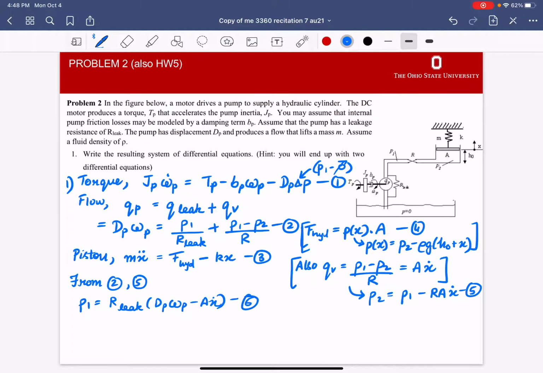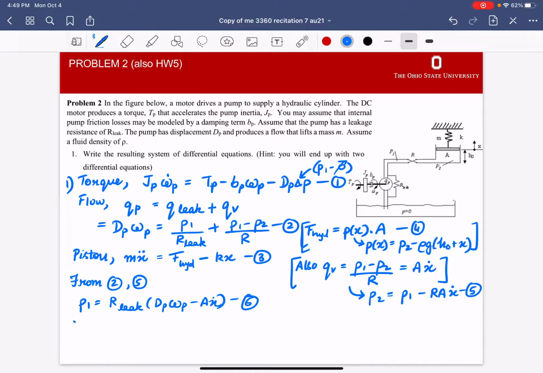So you can see that we now have an expression for pressure in terms of the location x and the angular velocity omega. And using expressions 6 and 5, we'll get an expression for P2 as well in terms of just the location x and omega. And then you can plug P2 and P1 back into 1 and 3, and that's how you have reduced the 3 equations to just 2 equations.